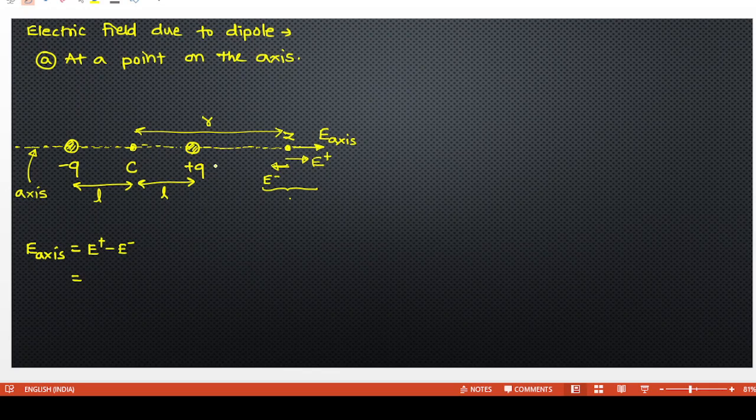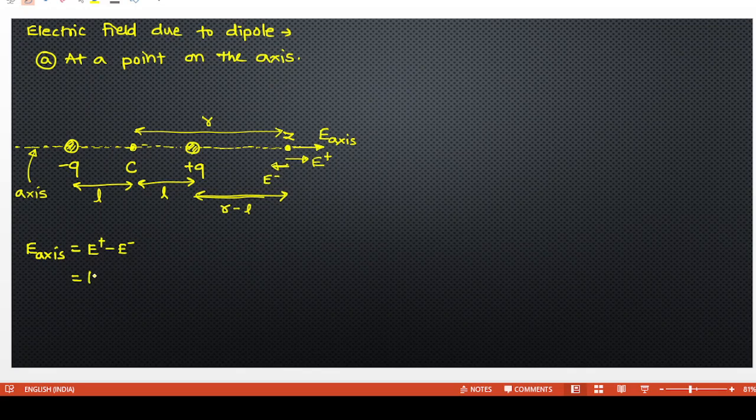For that you need this distance. What will be this distance? R minus L. This distance you can write as small r minus L.